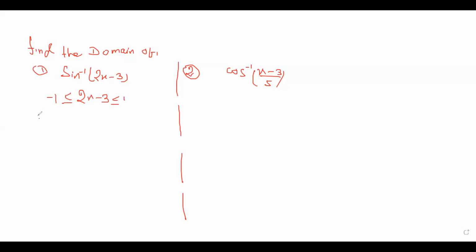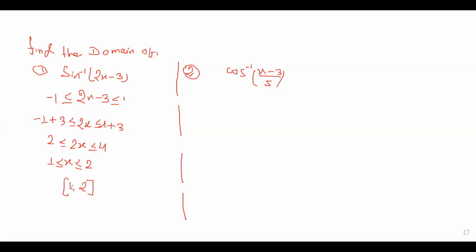So minus 1 plus 3 is 2, and 1 plus 3 is 4, so 2 less than or equal to 2x less than or equal to 4, which gives x belongs to 1 to 2. Sufyan, any problem? No, sir.